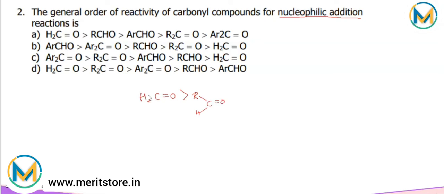Here we have both H. Here we have one R group. Then we can have Ar C double bond OH. That means we have the bigger R group only on one side, so the other side will be open for the nucleophilic attack. Here both sides have the possibility.